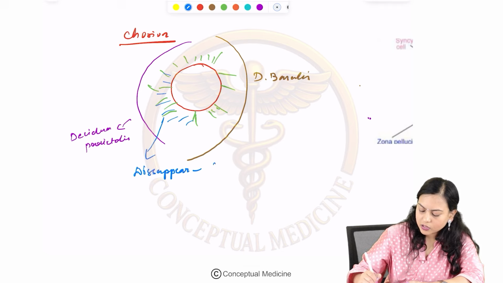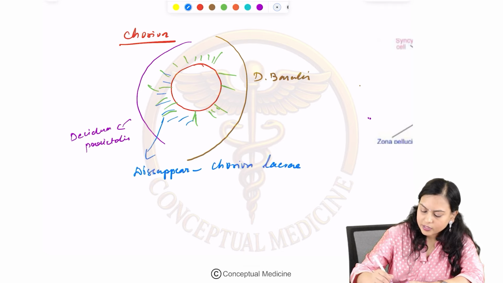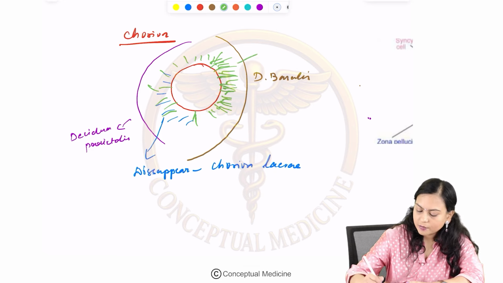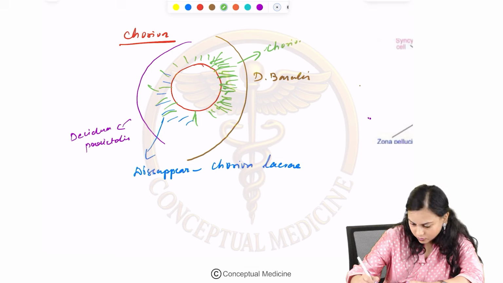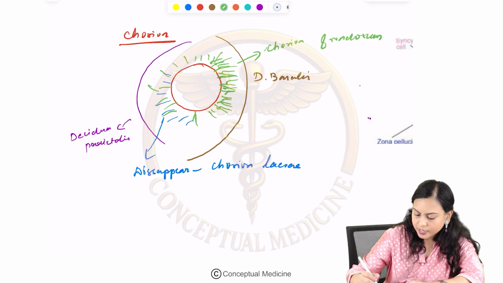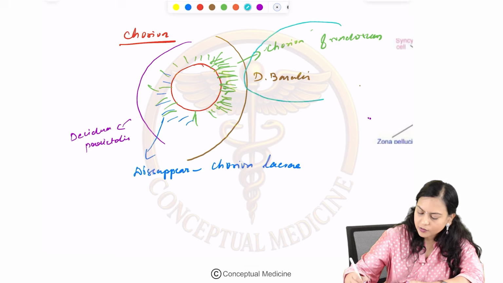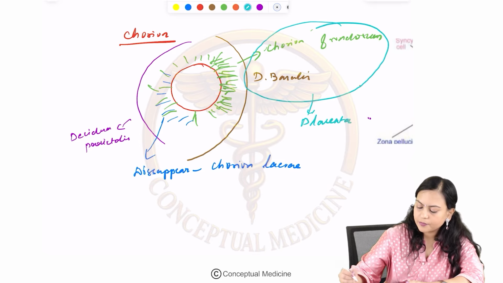So this region is known as chorion laeve, whereas the villi in the decidua basalis are going to establish this connection between the fetal and maternal circulation, and this is known as chorion frondosum. So basically these two layers, the chorion frondosum and decidua basalis, are together going to form the future placenta.